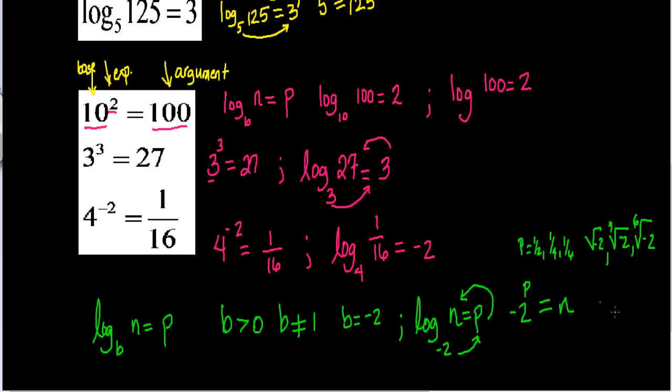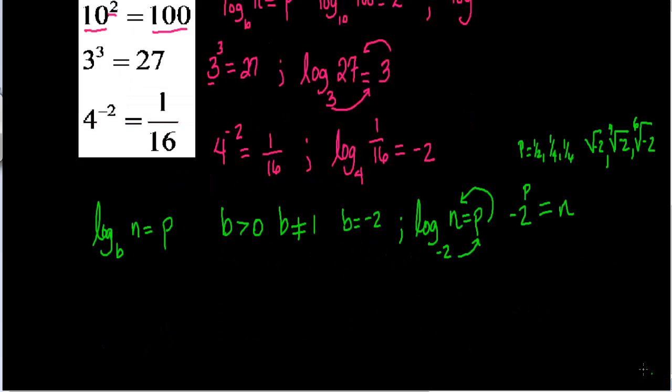Why can't it be 1? Well, let's see. If I choose b equal to 1, let's write the log. Log base 1 of n equals p. Then if I write this as an exponential expression, this would be 1 raised to the power of p is equal to n. And what happens is this is no longer an exponential function, because p can be any value.